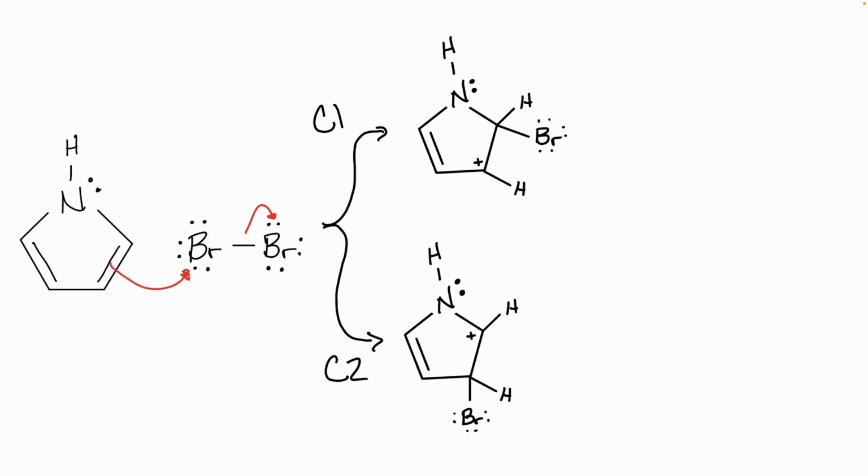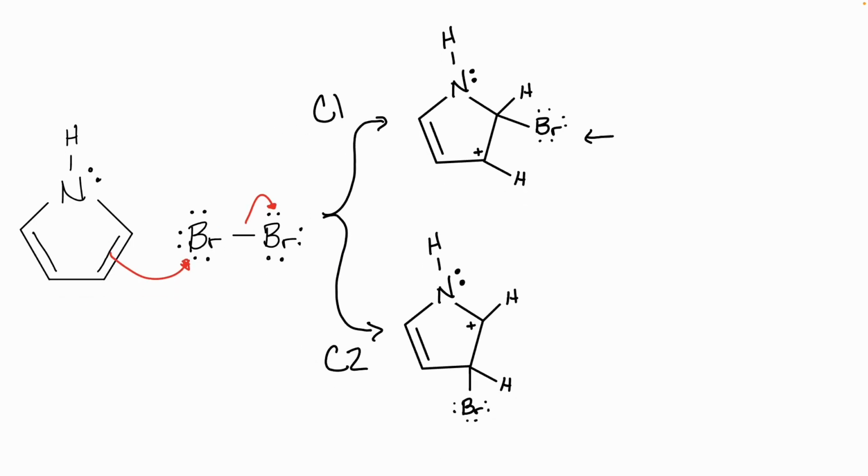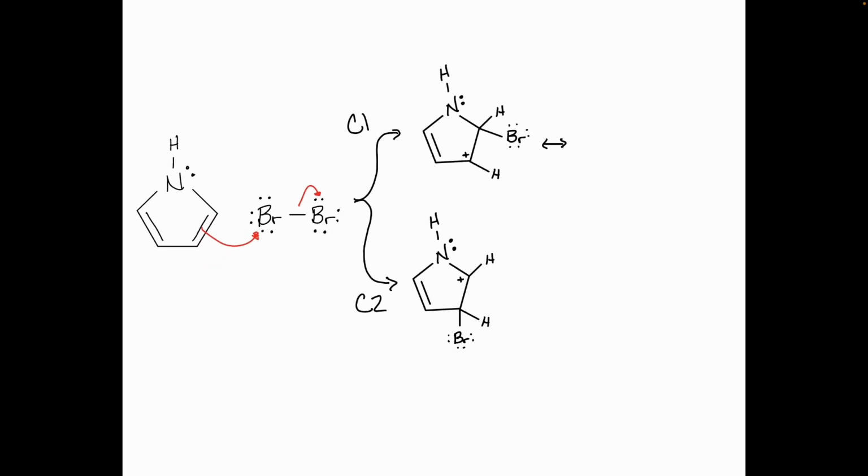All right, so I want you guys to draw our resonance contributors here and see if we can't determine which one of these is going to be the correct place to put this bromine, carbon 1 or carbon 2.